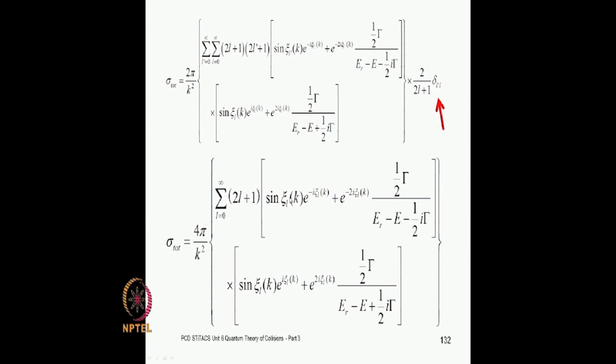And now you have got these 4 terms, sin xi, then e to the minus 2I xi coming from here, then this sin xi is coming from here, and then this term. And now when these two multiply each other, both have the same partial wave quantum number L, and e to the minus 2I xi will multiply e to the plus 2I xi, giving you a factor of unity. So in this cross product, the xi will disappear.